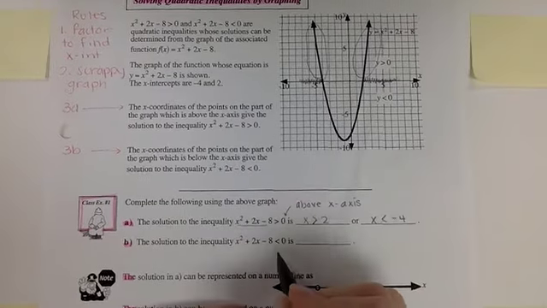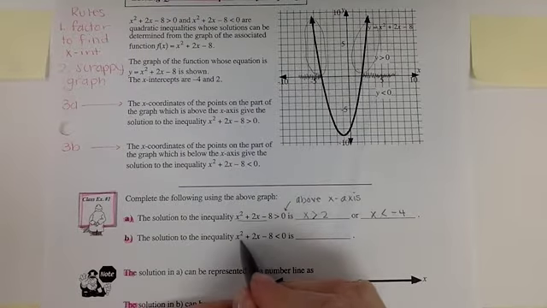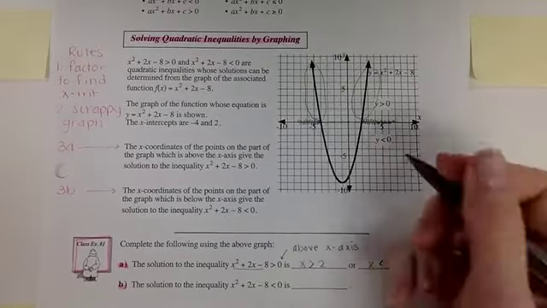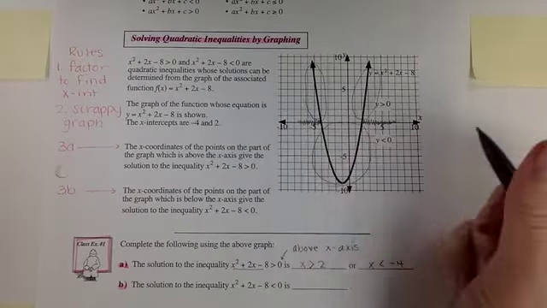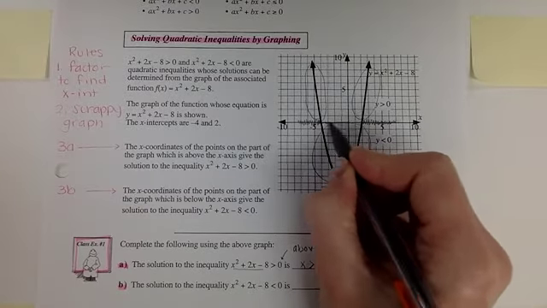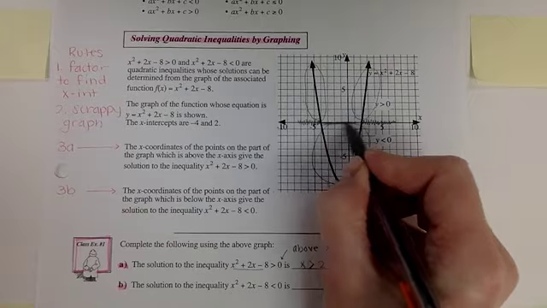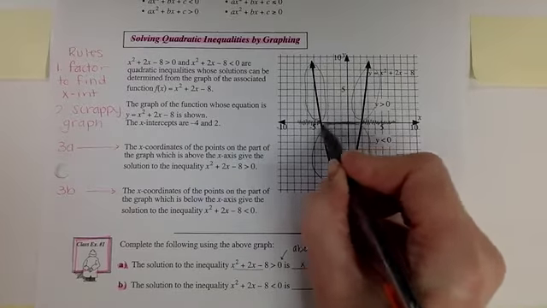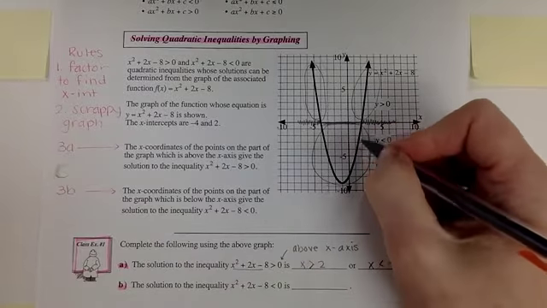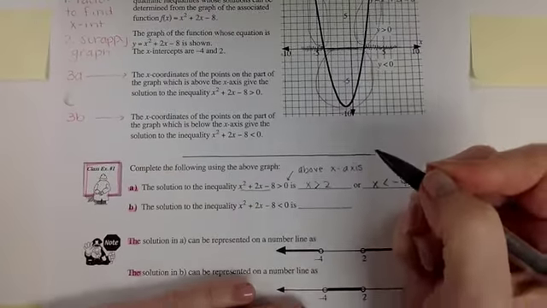B part, the solution to the inequality x squared plus 2x minus 8 is less than 0. So where is my graph below the x-axis, which is here? Anytime I pick an x that is greater than -4 and less than 2, I will have points on the graph which will be below the x-axis.